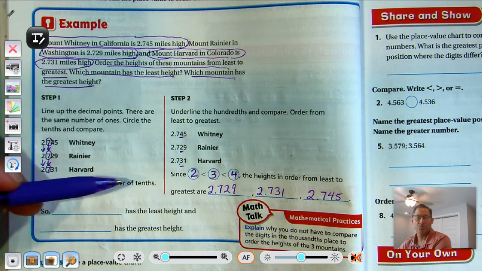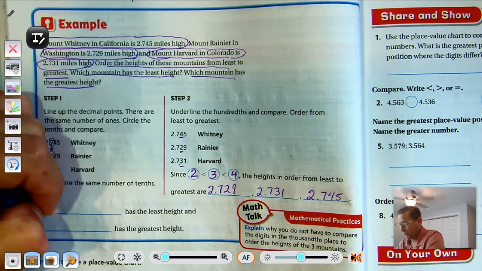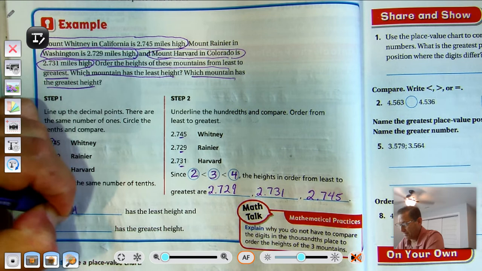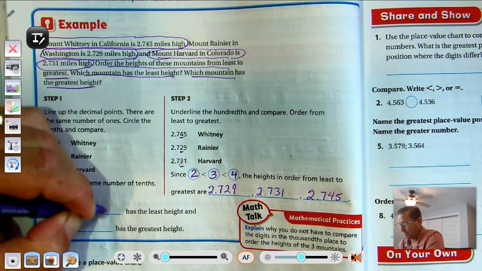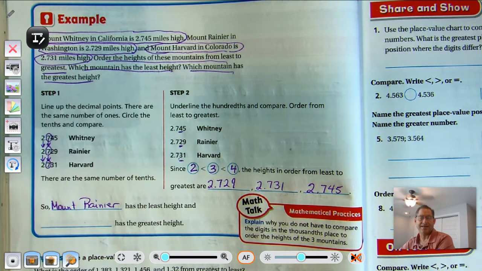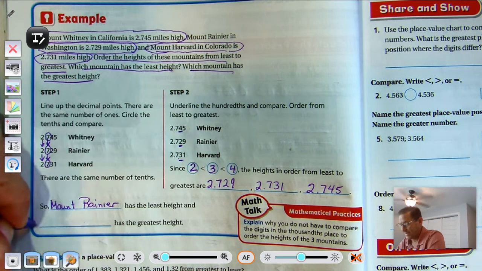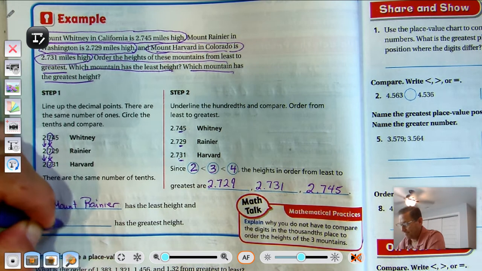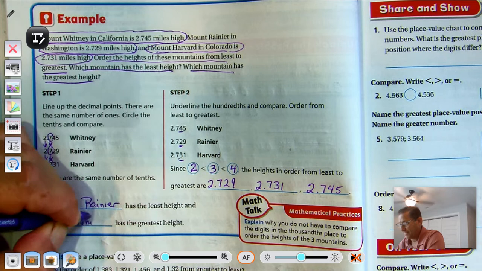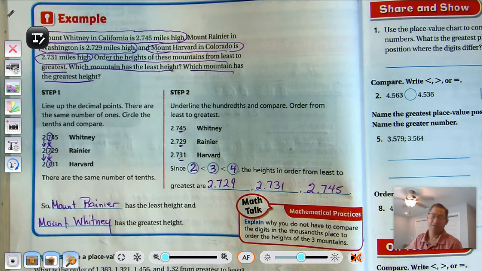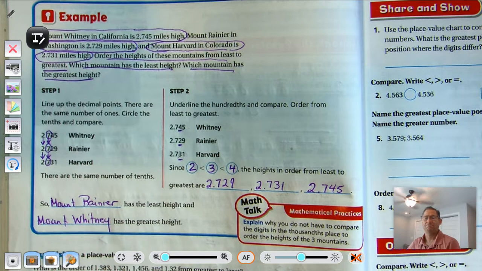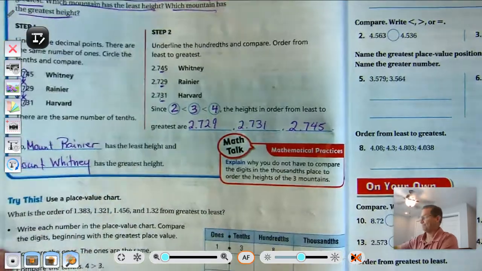Which one was the smallest? 2.729. So Mount Rainier has the least height, and Mount Whitney has the greatest height. Okay, simple as that. So let's keep going.